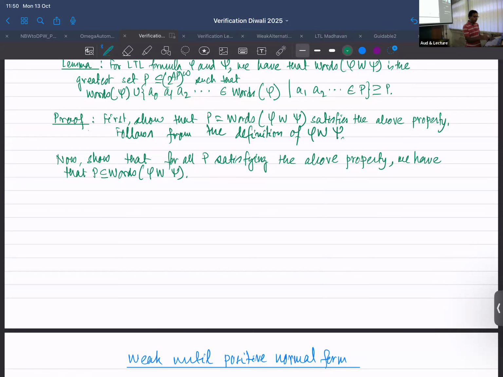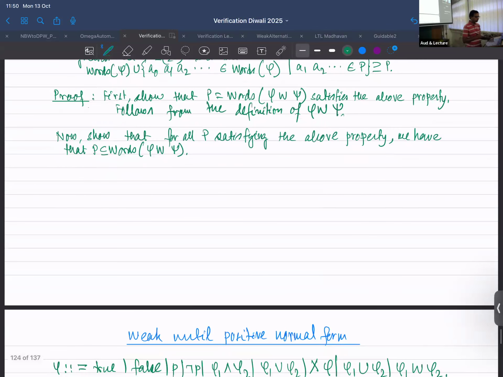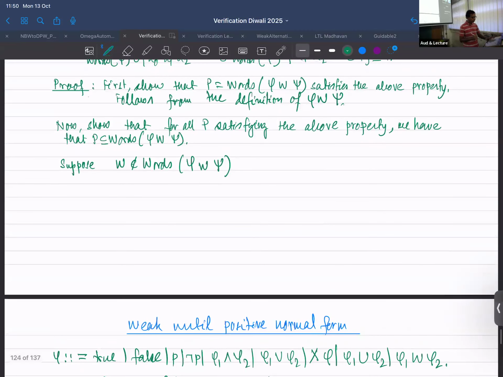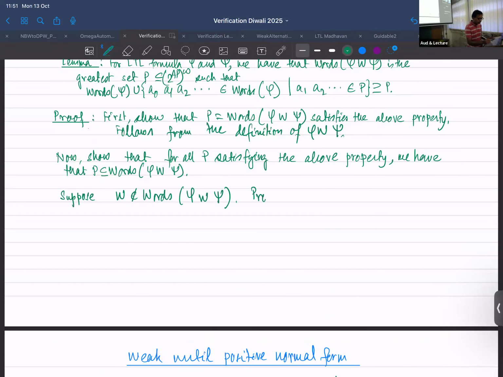Now we show that for all p satisfying this property, p is a subset of words(phi weak until psi). The way we would like to show this is: suppose there exists a w which is not in words(phi weak until psi), and then we prove that w does not belong to p.